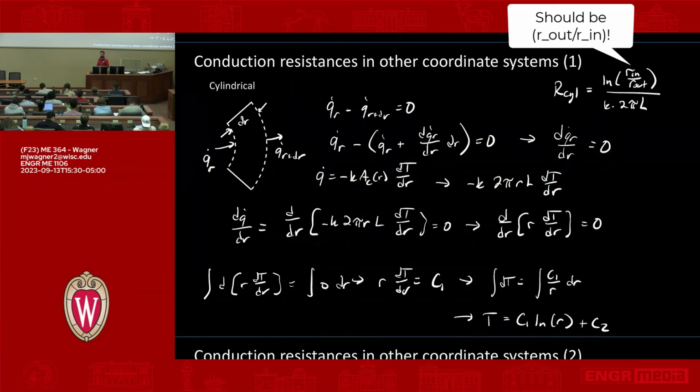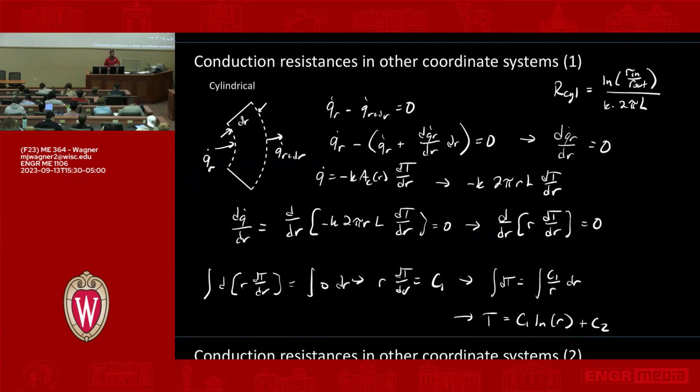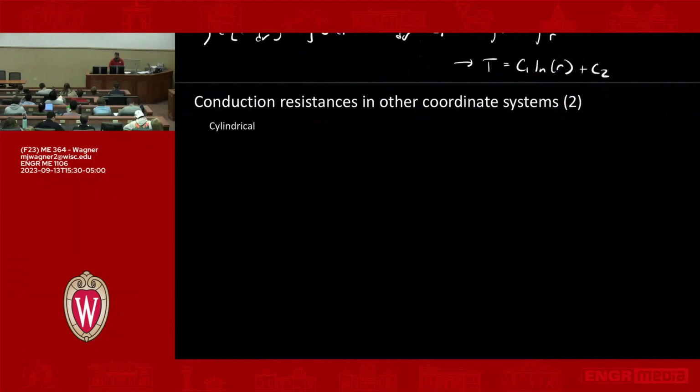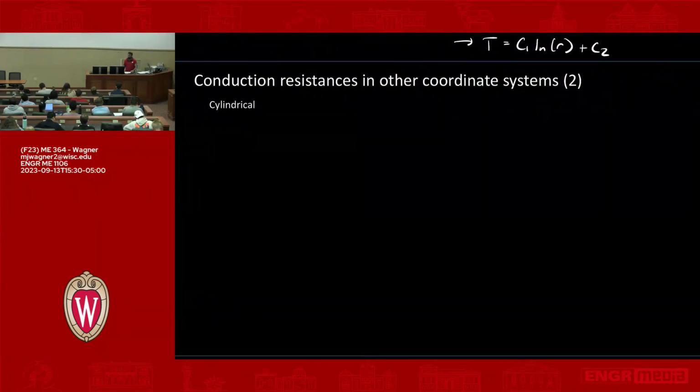So we've gone through the derivation, we got to a different solution. Now we have to again enforce the boundary conditions and see then where this resistance idea comes from. So let's quickly do the boundary conditions and then we'll move on to convection and radiation resistance. Okay, so boundary conditions, again, for the resistance one, we're going to think about only the temperature boundary conditions. So we're thinking about it like we're specifying a potential.